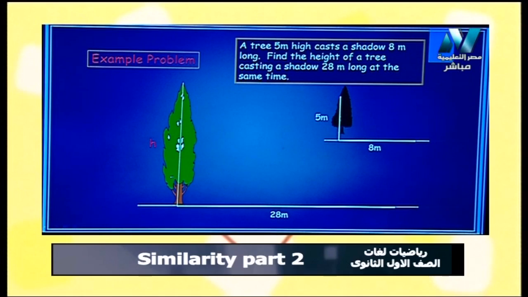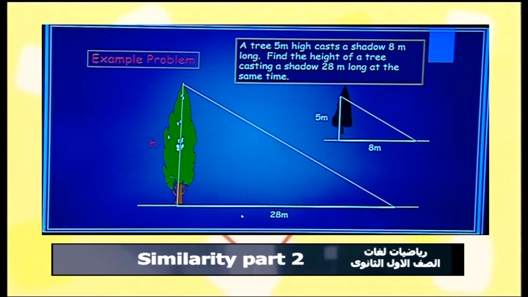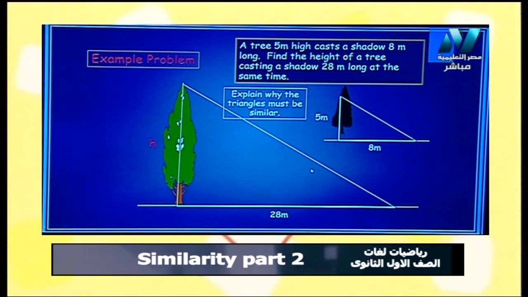We have this small tree of height 5 meters, and it makes a shadow 8 meters. And this big one, its height equals h, and makes a shadow 28 meters at the same time. We connect the top of the tree with this point and the other one, and explain why the triangles must be similar.